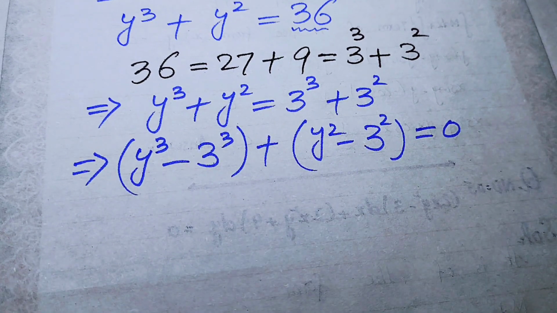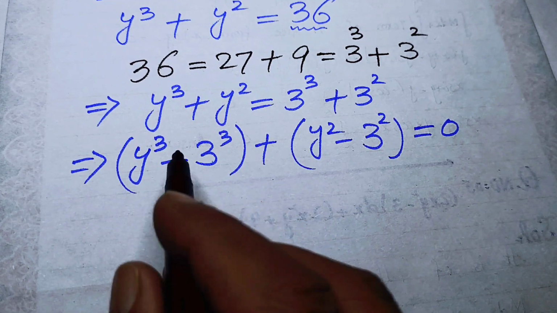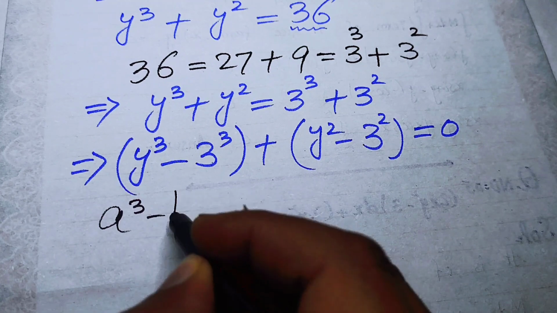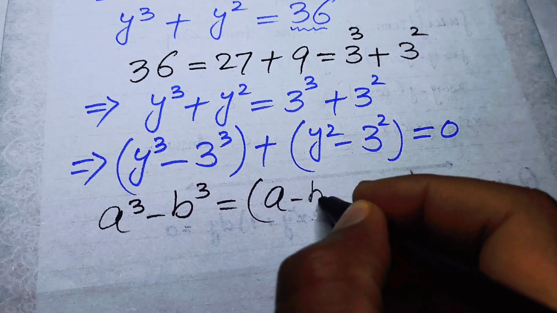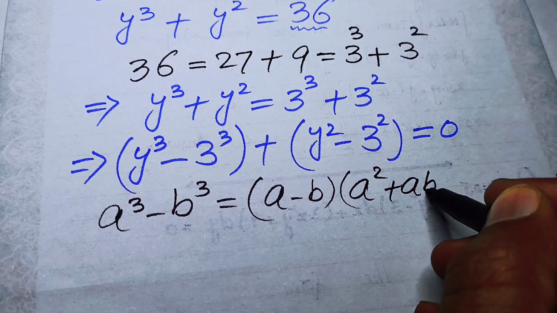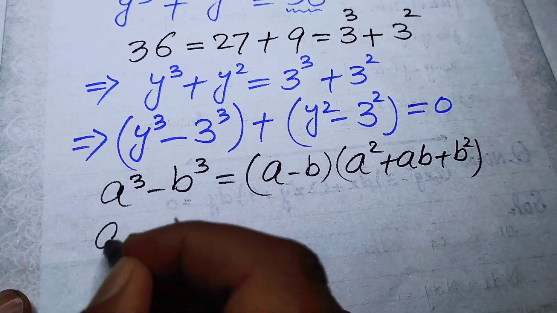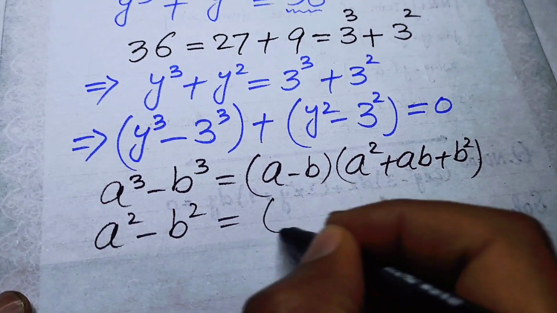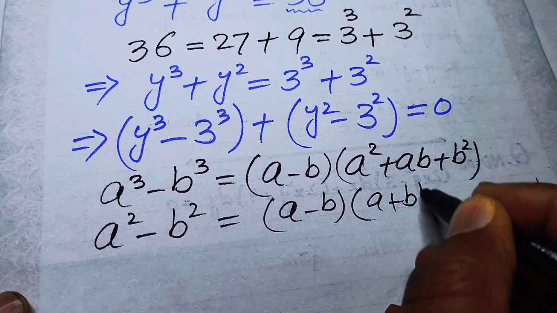After that we will apply the well-known cubic and square identities. You know that a cubed minus b cubed is equal to a minus b times a squared plus ab plus b squared, and similarly a squared minus b squared is equal to a minus b times a plus b.